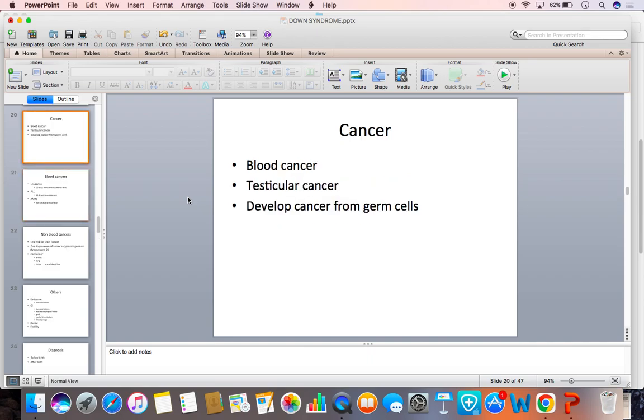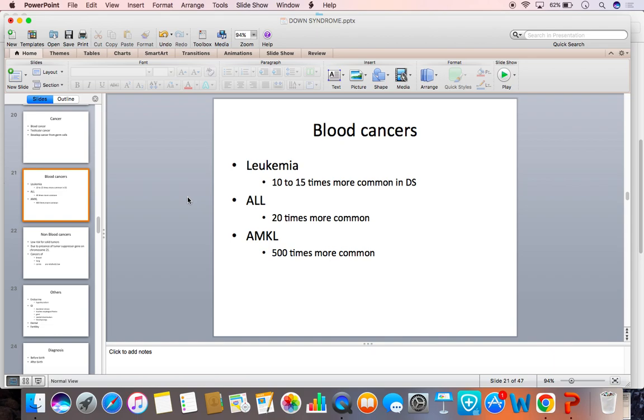Hematological malignancies like lymphomas or leukemias are more common in children with Down syndrome. Testicular cancer is sometimes very frequent in these patients. They develop cancer from germ cells. Leukemias are 10 to 15 times more common in Down syndrome.